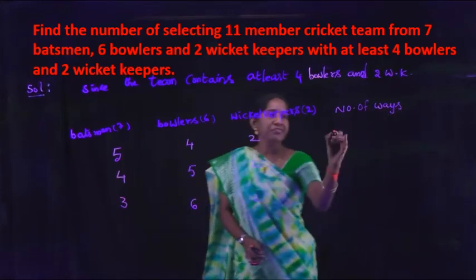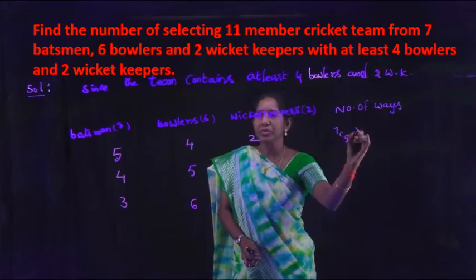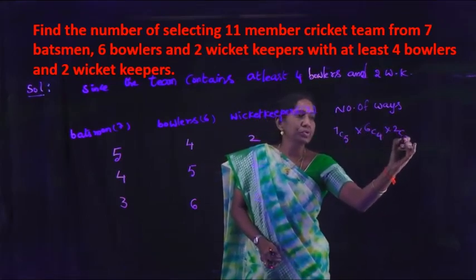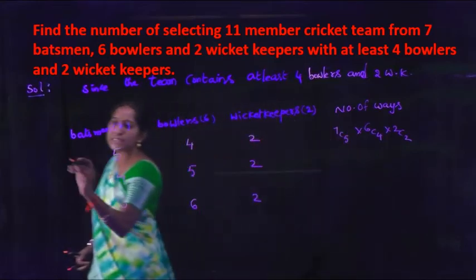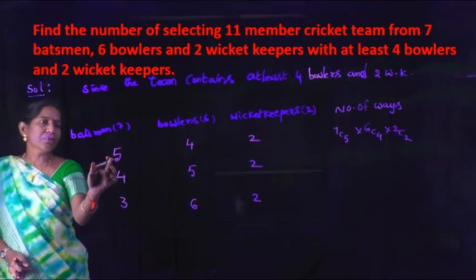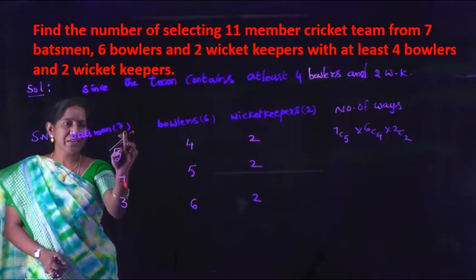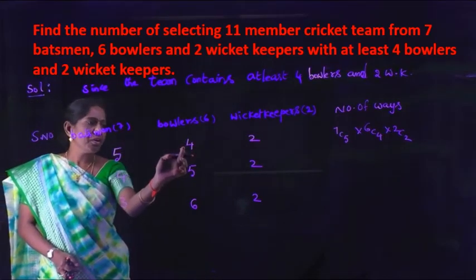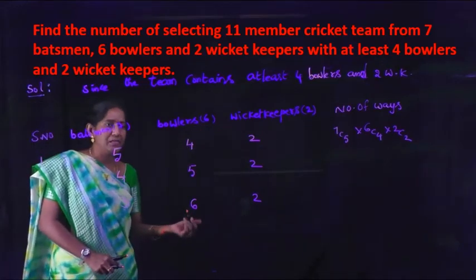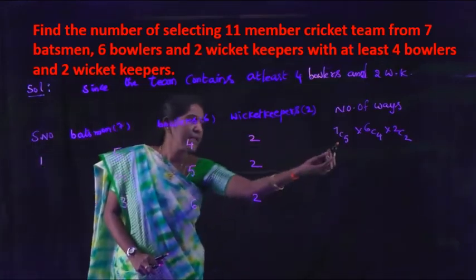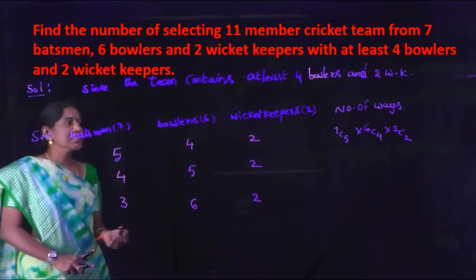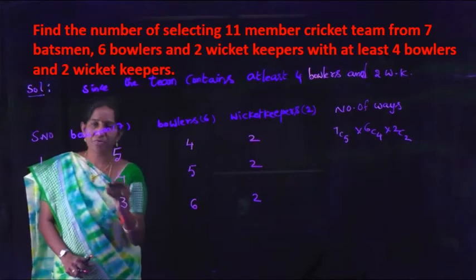7C5 into 6C4 into 2C2. In this case, first one, select 5 batsmen out of 7 batsmen and 4 bowlers out of 6 bowlers and 2 wicket keepers out of 2 wicket keepers can be done 7C5 into 6C4 into 2C2 ways.